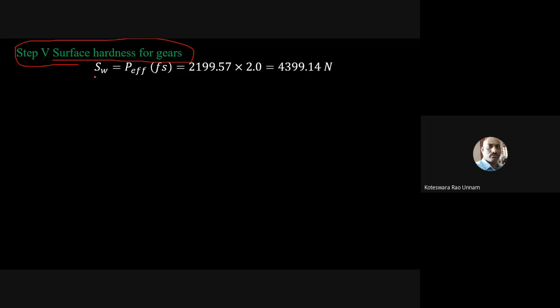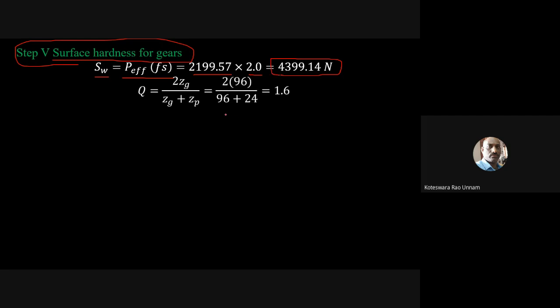Always your surface hardness is estimated based on the pitting failure. So for that you need to know the wear strength. Wear strength is nothing but P effective into Fs. So P effective is 2199.57 into 2, which comes out as 4,399.19 newtons.